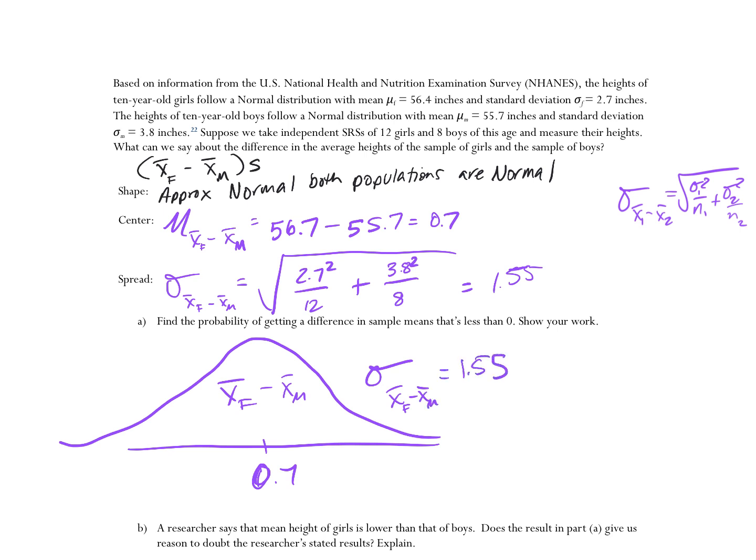And the question is, what is the probability our difference is less than 0? Guys, what is the probability that x bar f minus x bar m is less than 0?